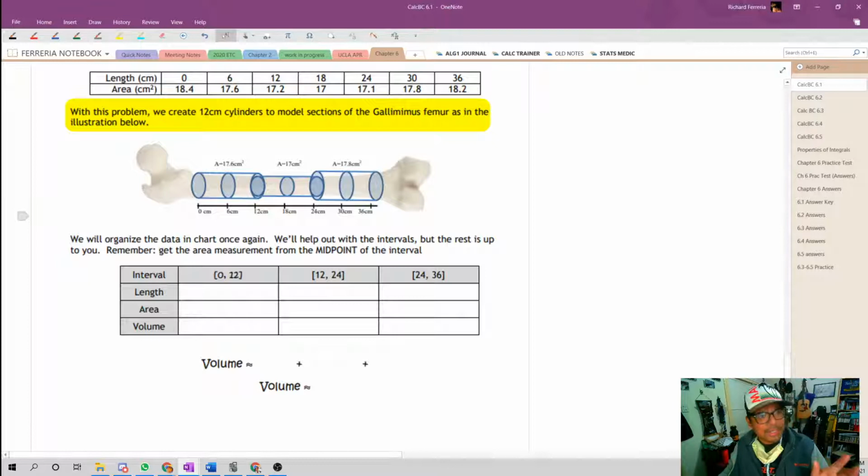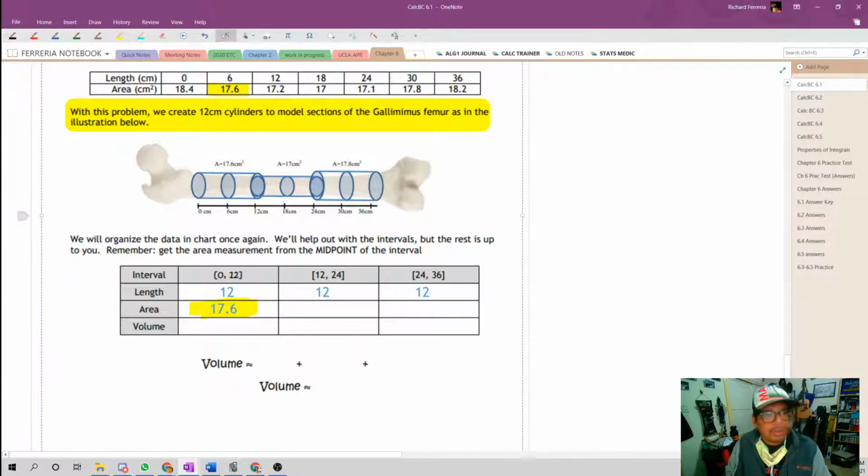So same process. Let's figure out the length of each section. They all look to be 12. Next, we're going to look at the data in the center of the interval. So if the first interval goes from 0 to 12, the center of that interval should be 6.